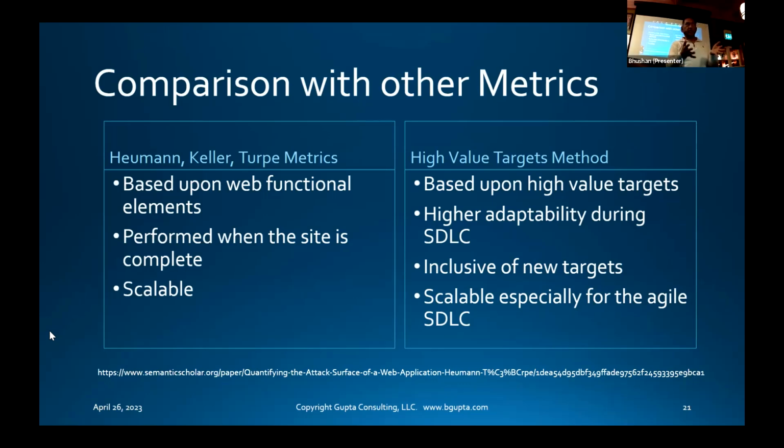You can use either one of those or both of those. You have to see what it is. But you'll get new targets all the time. You'll get new objects all the time, and every iteration you can look at it and measure it. So it seems like the one on the right would be better for an agile environment.